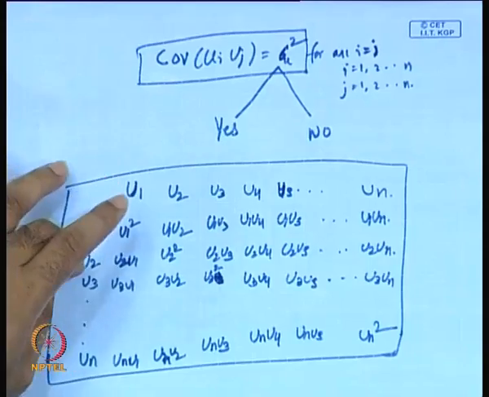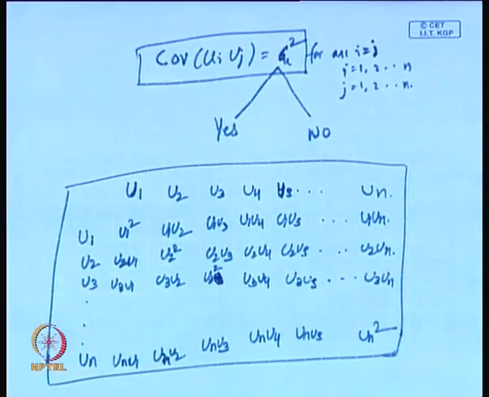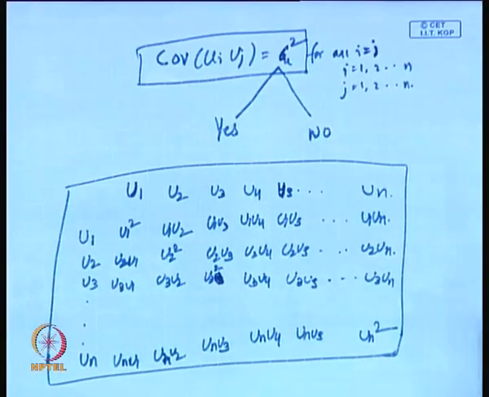Depending upon the values of k and t, the error term can be evaluated. The evaluation is like this: u1, u2 up to un, and this is u1, u2 up to un. If you multiply vertically or horizontally, you will obviously get this particular matrix.